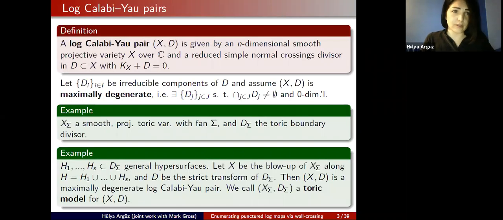All right, log Calabi-Yau pairs. A log Calabi-Yau pair is given by an n-dimensional smooth projective variety X over C and a reduced simple normal crossing divisor D in X, which is anti-canonical.